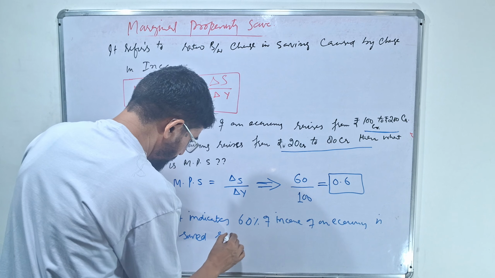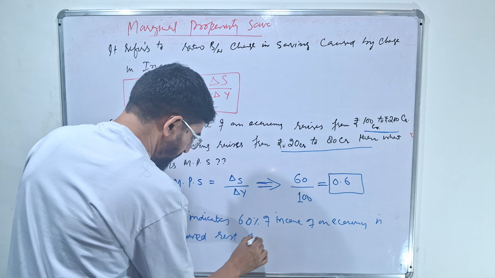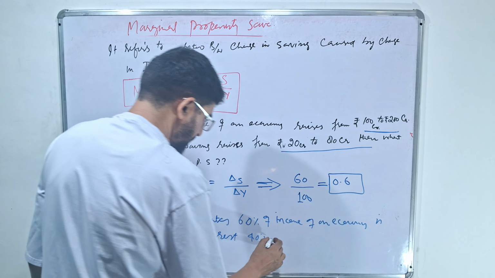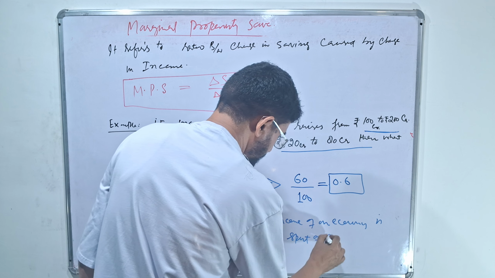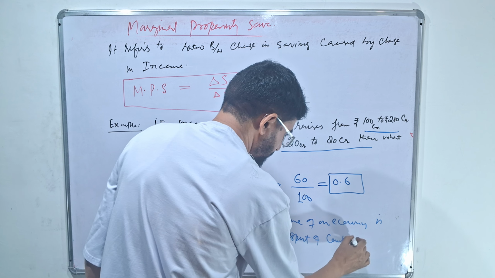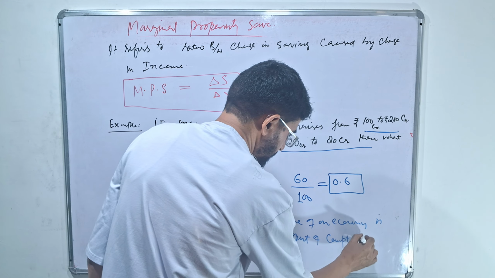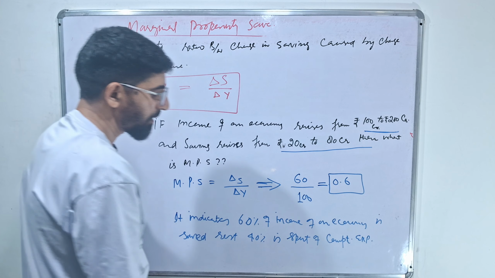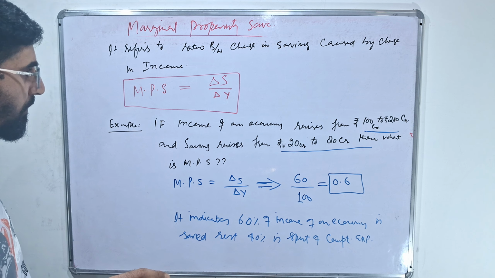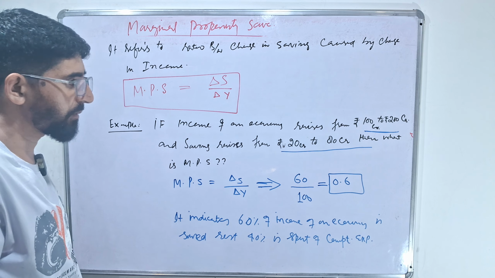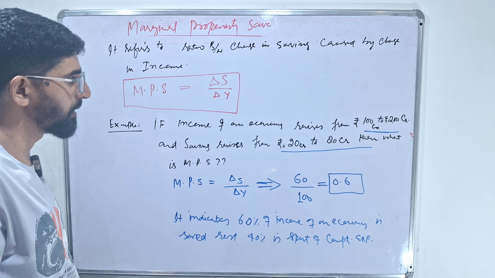Rest 40% is spent on consumption expenditure. That we call marginal propensity to save.